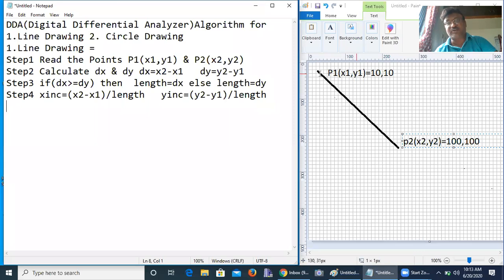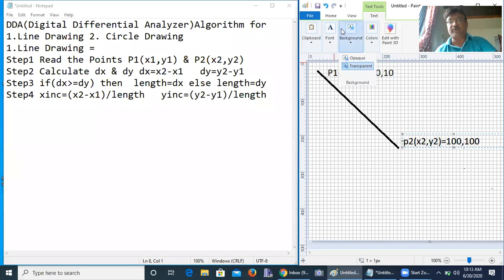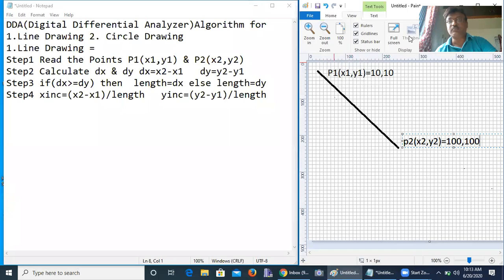So I reach the next point. Suppose I calculate that point with a different color, the red color, and place that point over here.